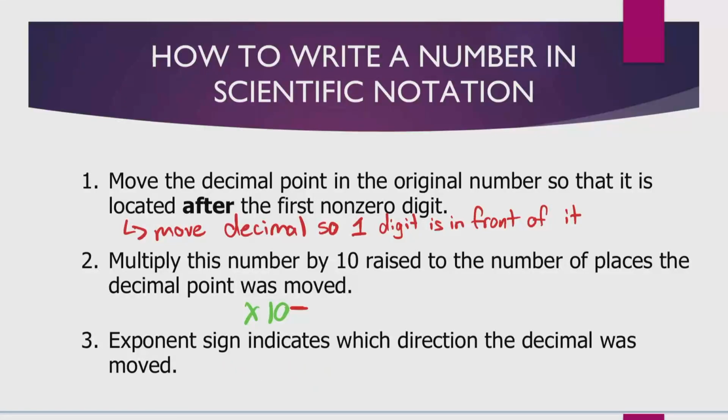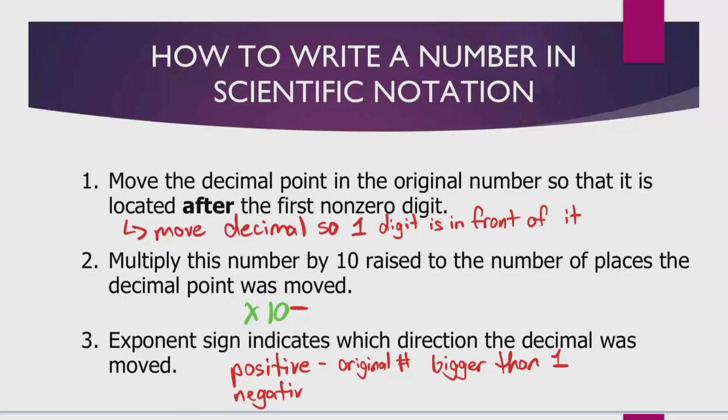Positive exponent is bigger than 1. Positive exponent means the original number was bigger than 1. And negative means that it was smaller than 1.